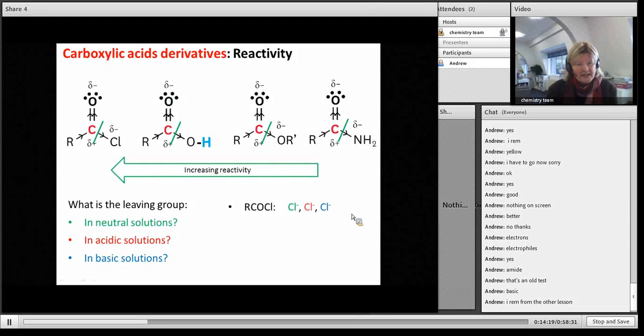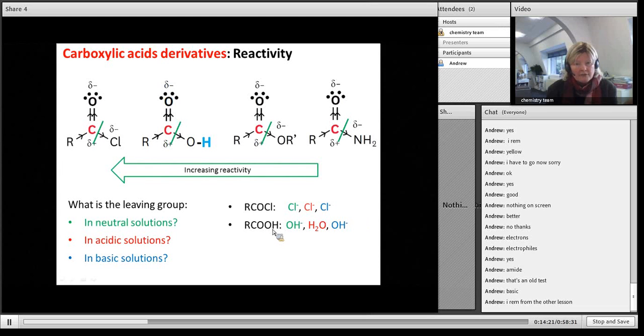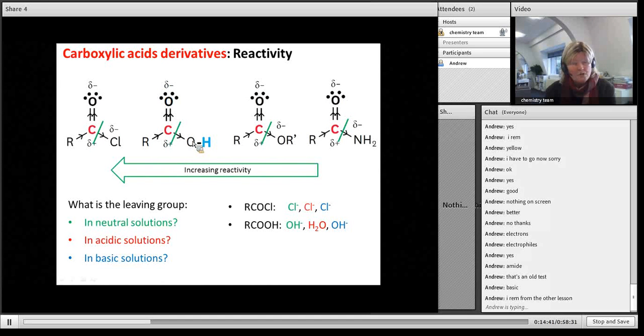The carboxylic acid, if I add it to an acid, it sounds a bit silly, but if it's a stronger acid, so I add this to say HCl, can you see that the OH can get attracted to the H plus from the added acid, and I've got water as a leaving group?